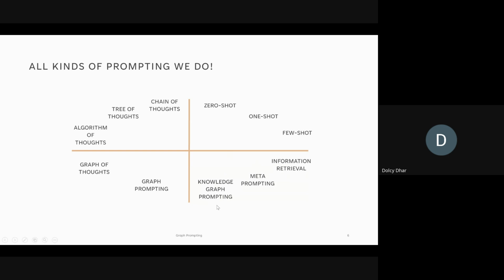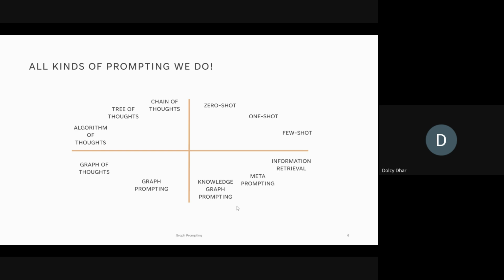And just a clarification here, these are all higher logic level reasoning and types of prompting. So in knowledge graph prompting, you kind of do two ways. One is that you leverage an existing knowledge graph for prompting and for answering questions.